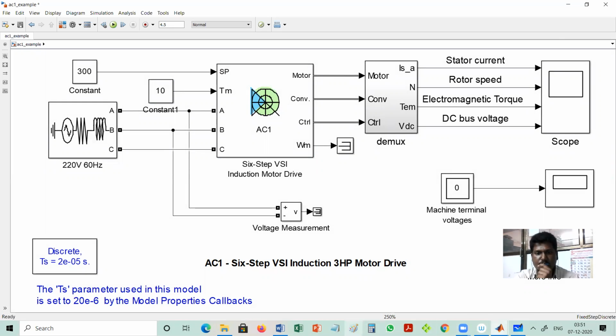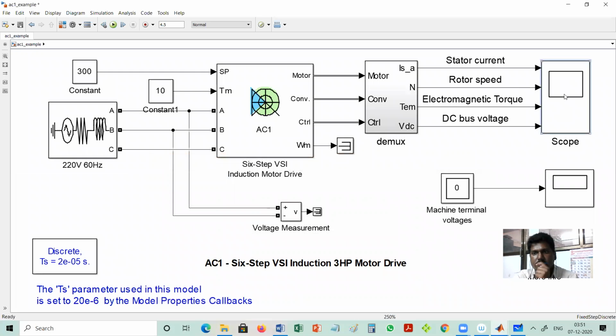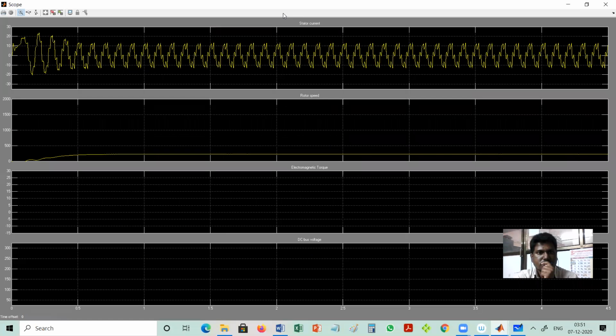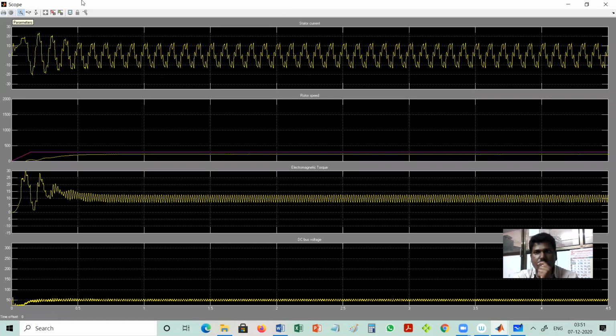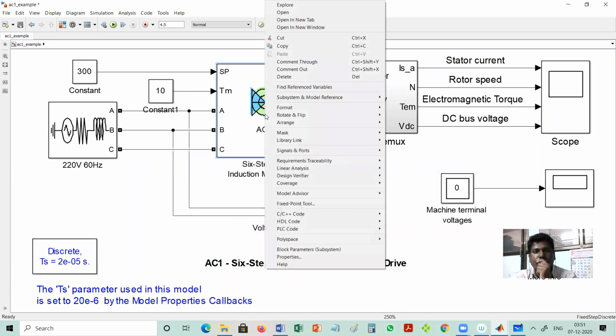So what readings do we have to take? First, the actual speed. It is shown in this block. One thing I have forgotten to do.